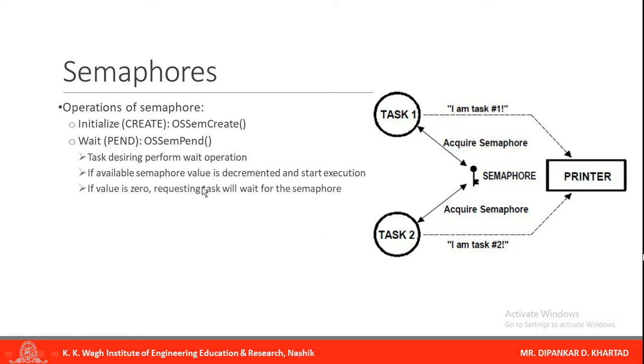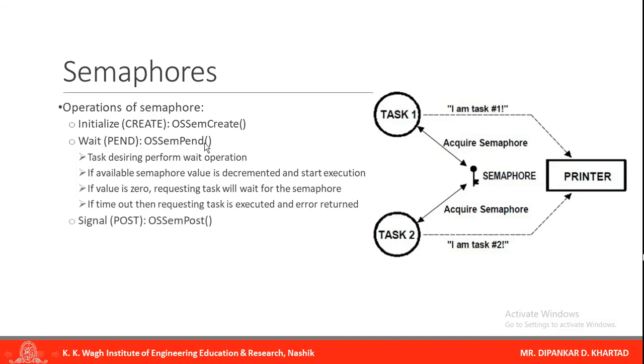If the value is 0, the requesting task will wait for the semaphore. That's why OSSemPend means waiting. And if there is a timeout, then the requesting task is executed and an error is returned. So this is how OSSemPend works.